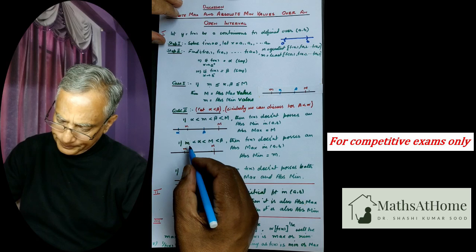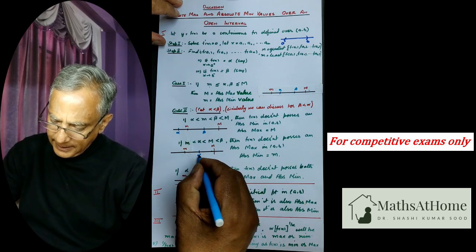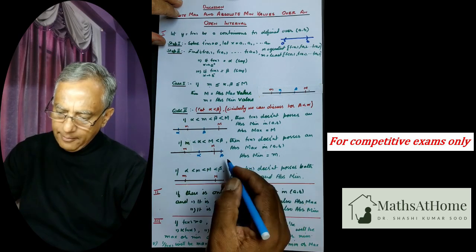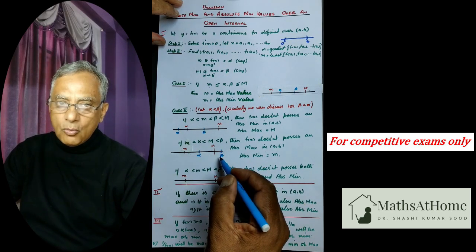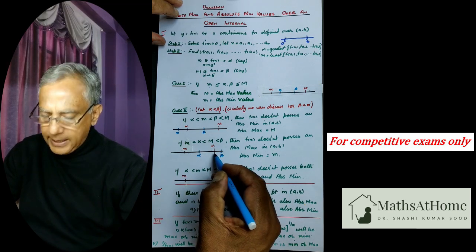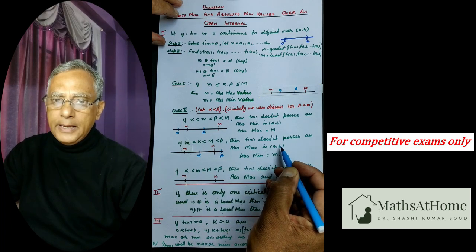Now if alpha lies between m and M, alpha lies here and beta lies outside, beta lies here, then we will say that f(x) will not have any absolute maximum value in the open interval (a, b).